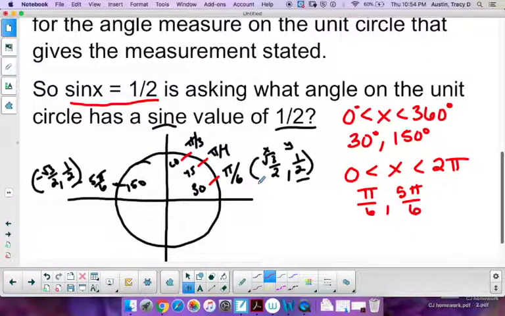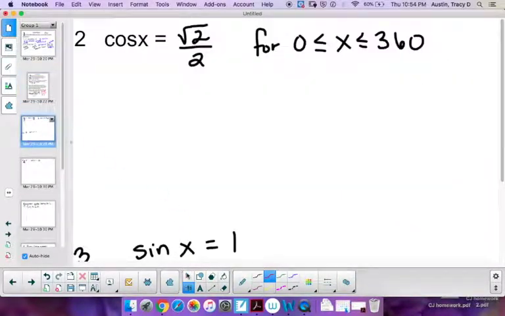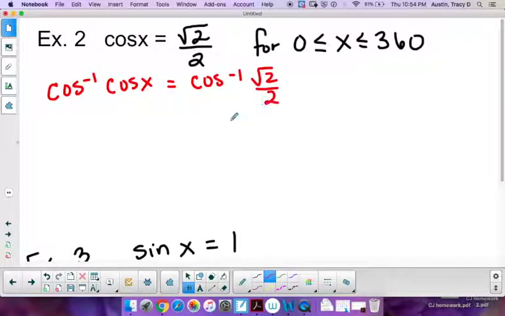Okay, so let's try a couple more examples. Same thing. Cosine of x equals square root of 2 over 2. We do the inverse on both sides, just like we did before. So x equals the inverse cosine of root 2 over 2.